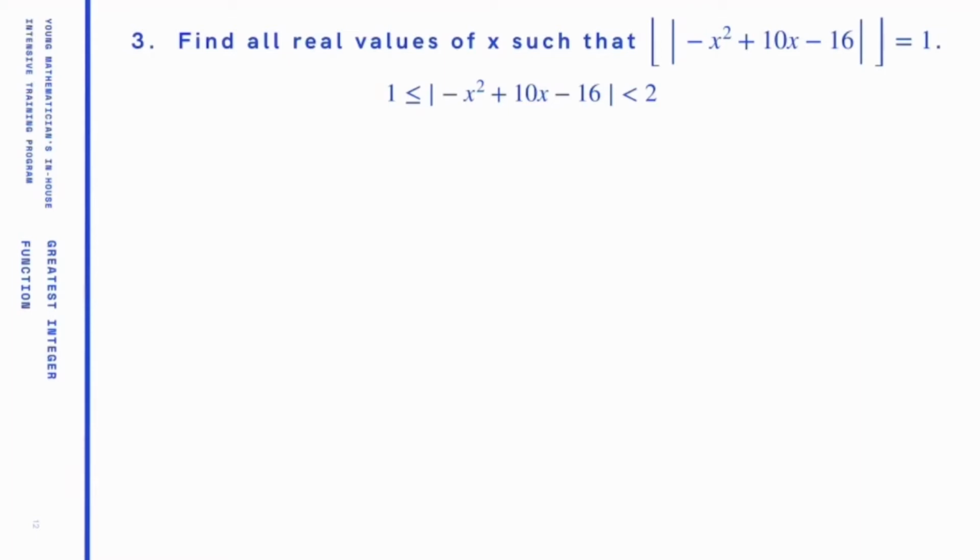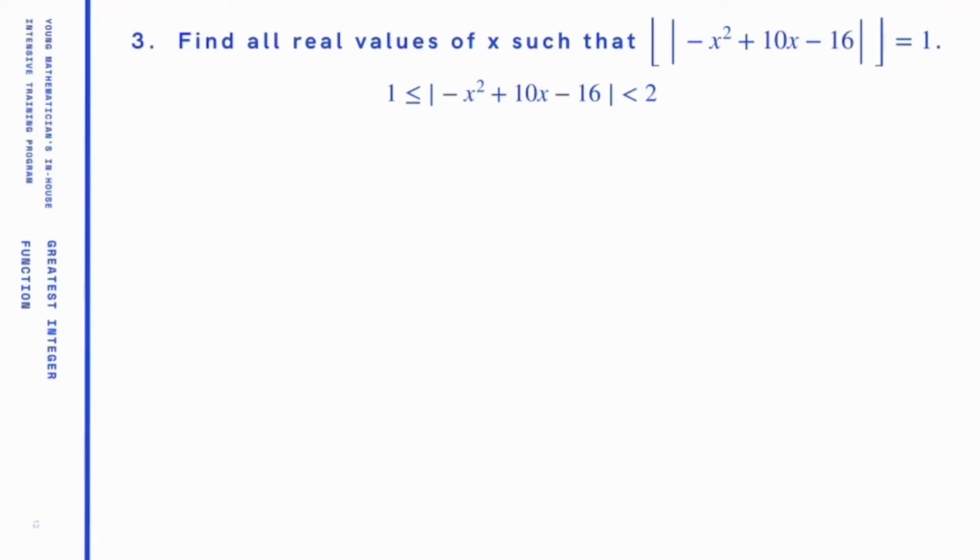Recall that the absolute value of a number is essentially just how far a number is from 0. With that in mind, the expression inside, negative x squared plus 10x minus 16, must be between 1 and 2 from 0.